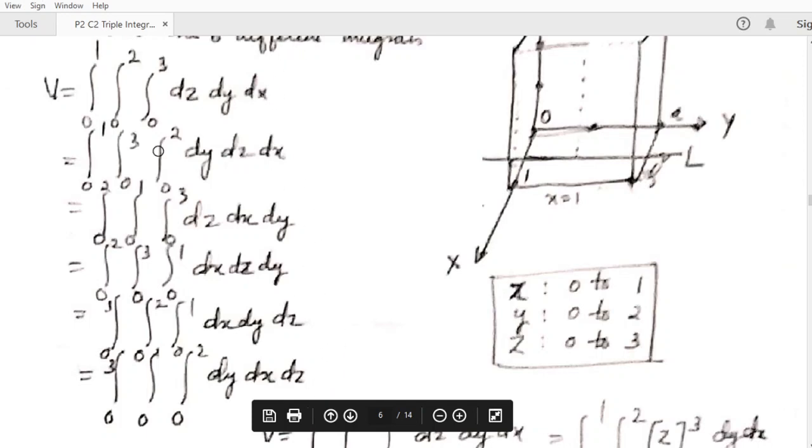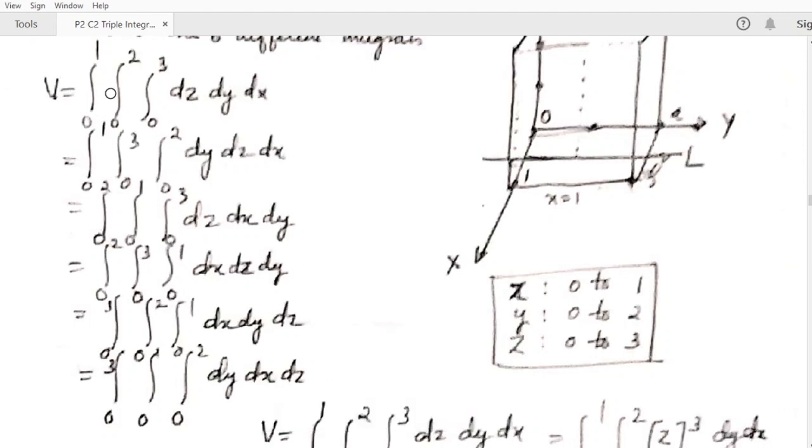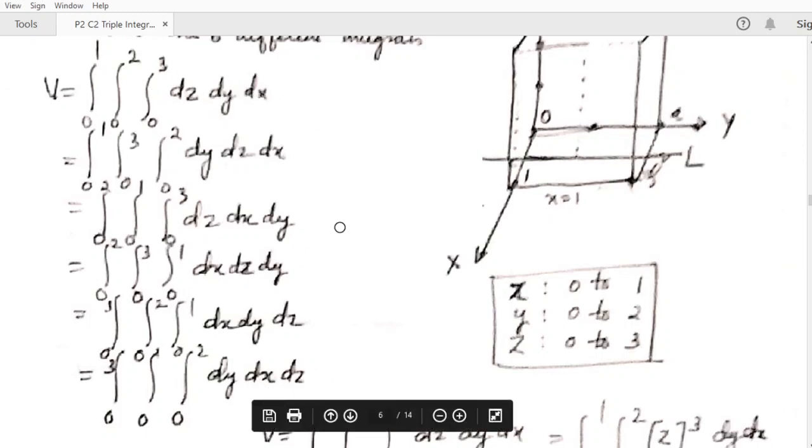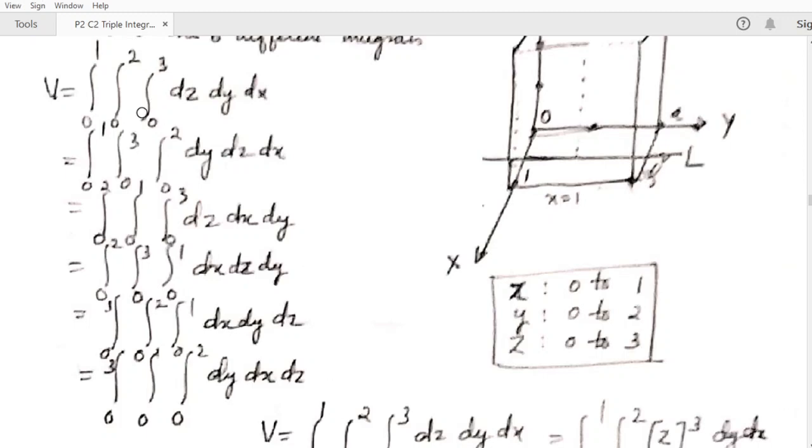I have already discussed that this is a formula. Generally we have the formula V equal to triple integral dz dy dx, and by rearranging dz dy dx in all the possible ways, we get all the iterated integrals to find the volume. Now we know the formula, but we have to find the limits of x, y and z.